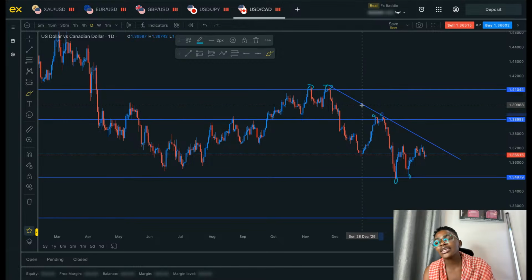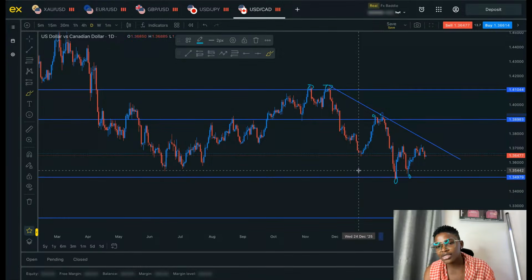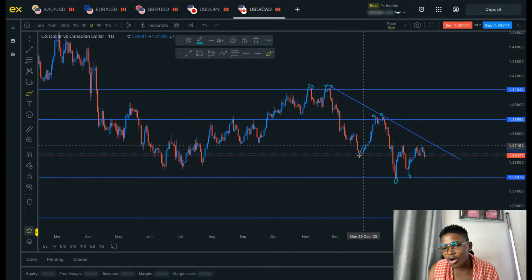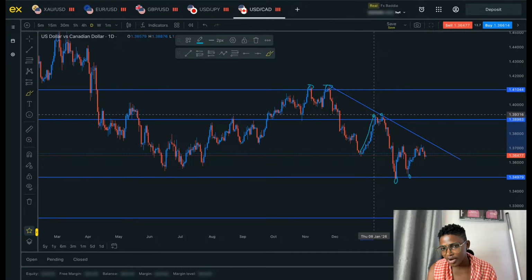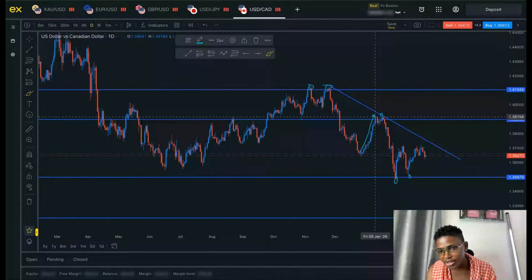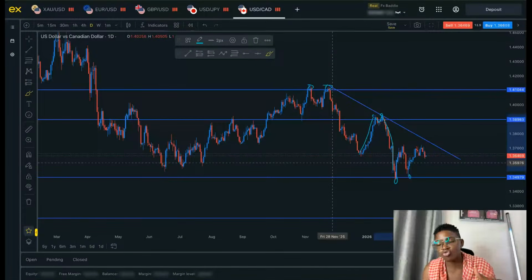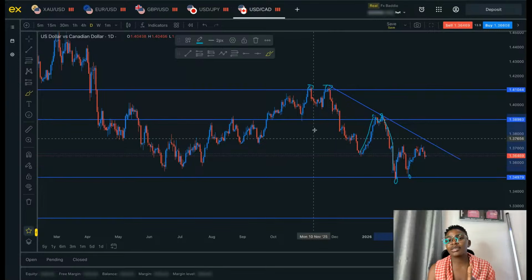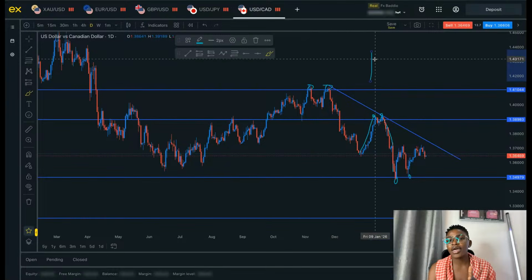So when you see the market form long buys, then a small sell, another buy, then expect the market to drop. When you see a pattern like this trying to form, don't expect the market to form a good M like this.